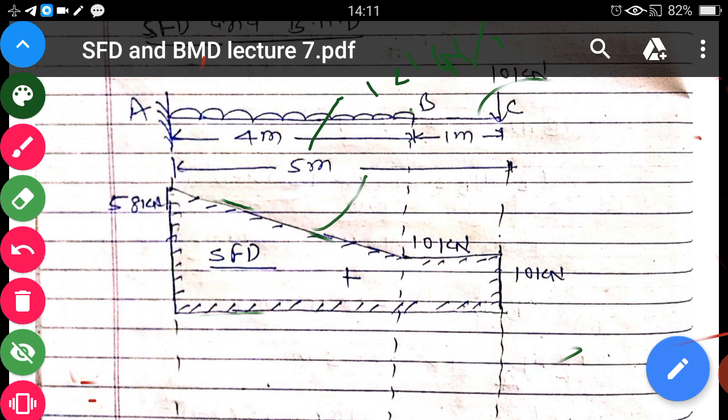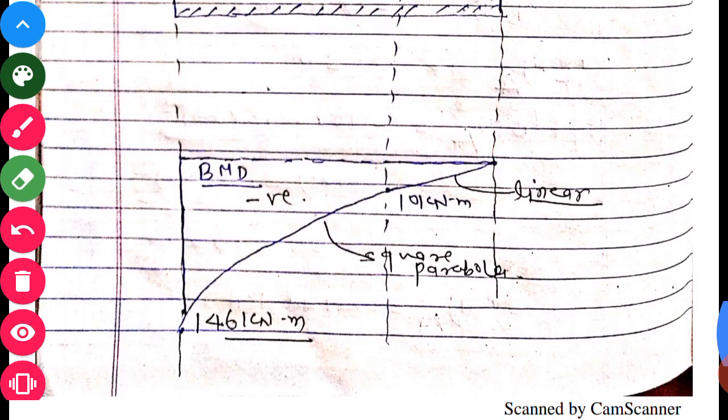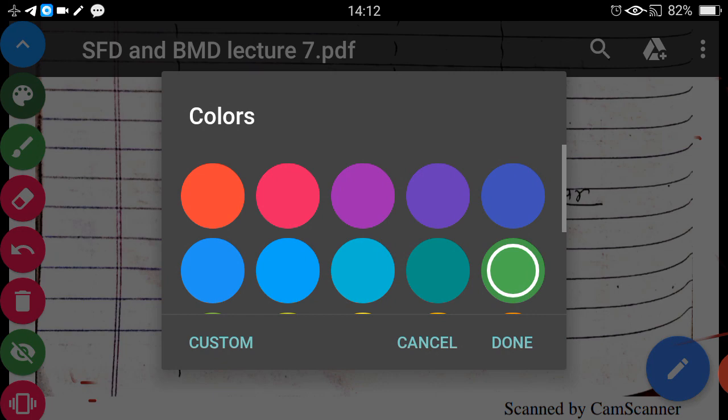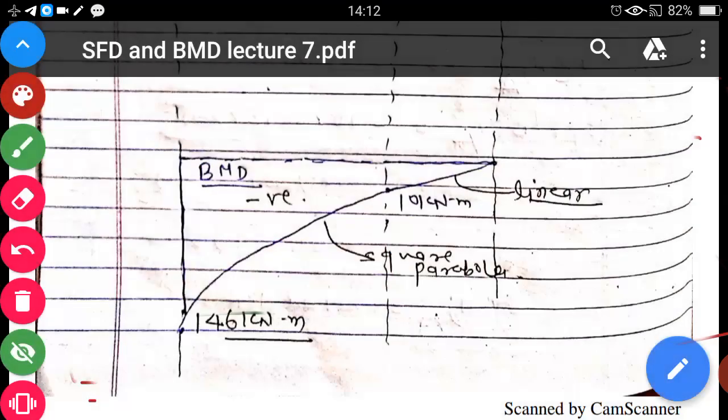After that we can draw the bending moment diagram very easily, because we know the bending moment at every point from the calculation. Now it is very easy to draw. You see here in the bending moment diagram, that is the baseline, and at point C the bending moment is 0.